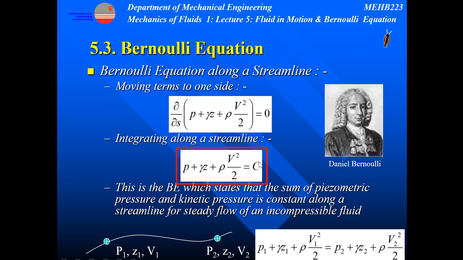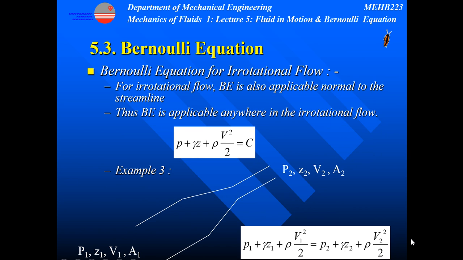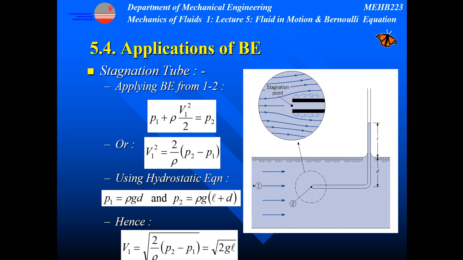Since it is constant, if you apply it to 2 points on the same streamline, you get P1 plus gamma Z1 plus rho V1 square over 2 equals P2 plus gamma Z2 plus rho V2 square over 2. Please remember this equation. I will explain this later.